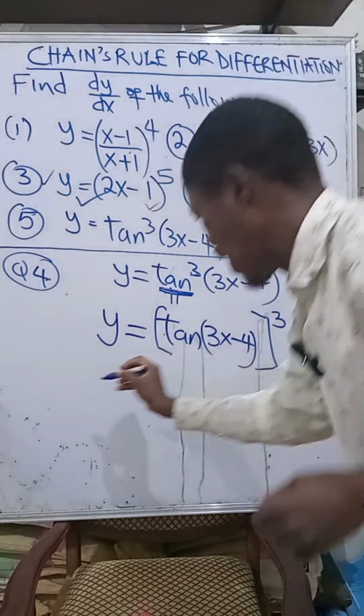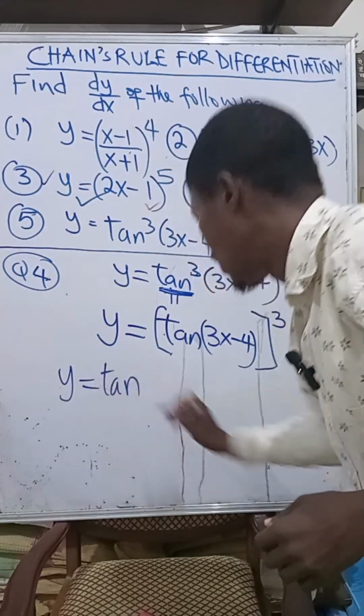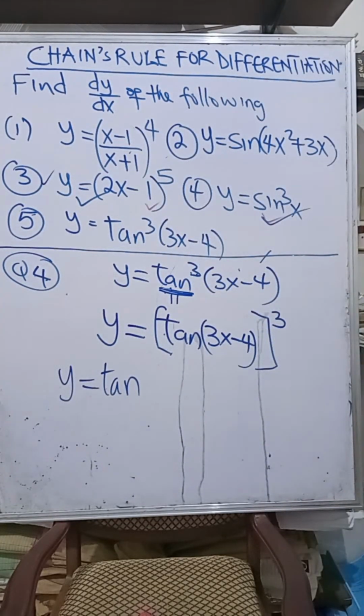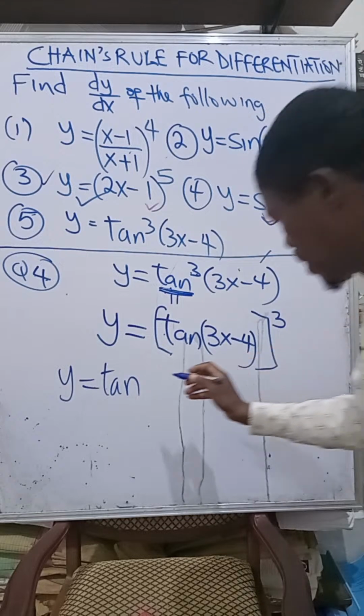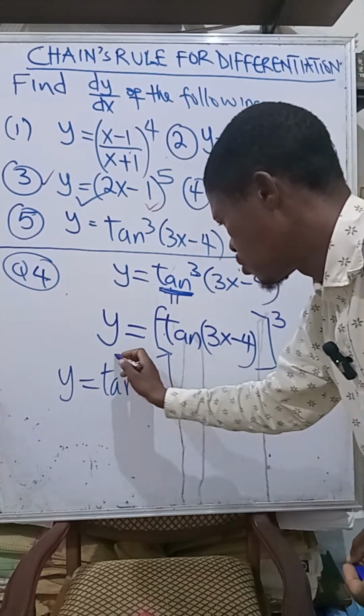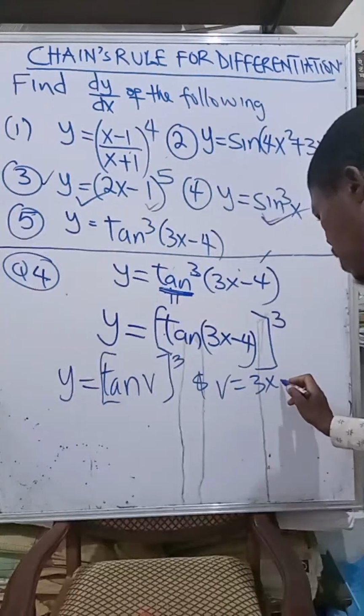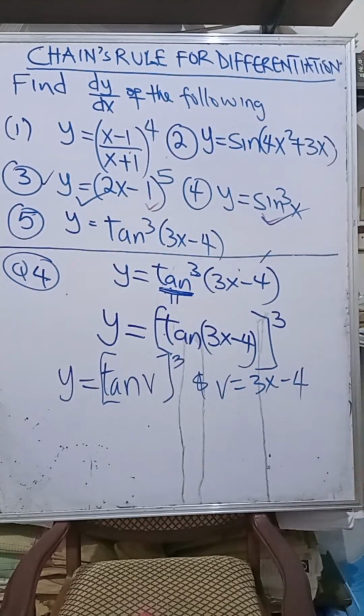I'll say y is equal to tan v, don't forget your exponents, your power 3, where v is equal to 3x minus 4. We can do it that way.